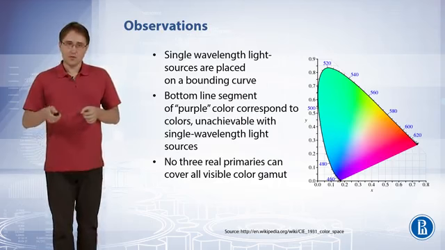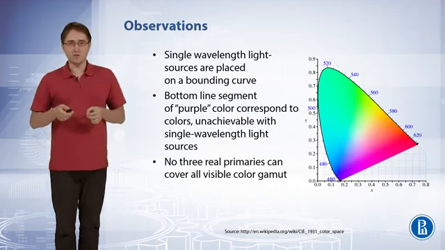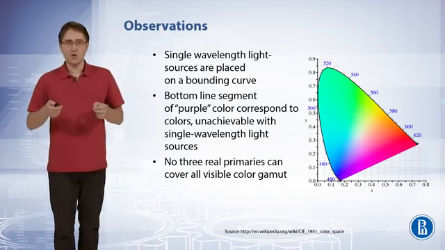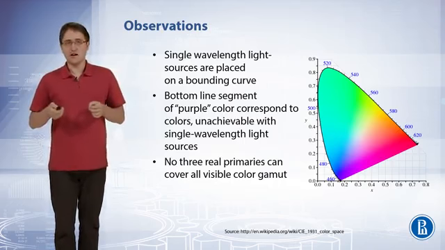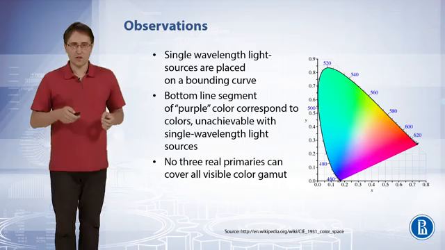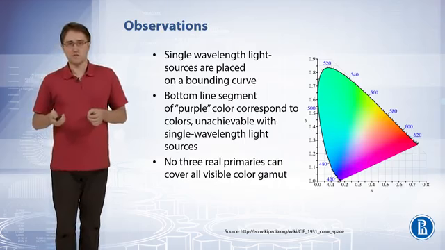And from the shape of the gamut, we can see that no 3 real primaries can cover all visible colors. So all linear models will either have imaginary primaries or they will not cover all possible visible colors.